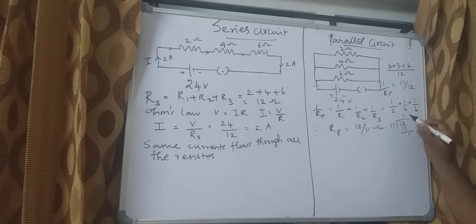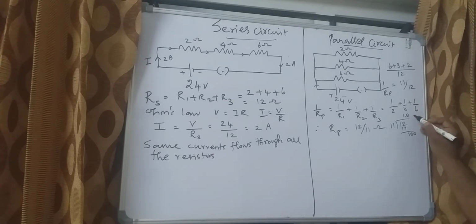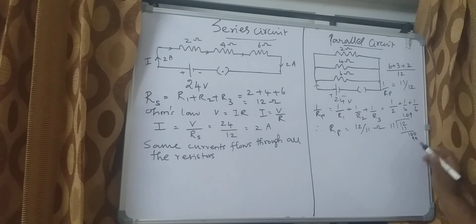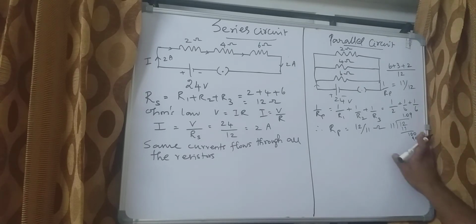So we can keep a point here, and put a 0, again 0. So 11 nines are 99. So an approximate of 1.09 ohm is only flowing here. 1.09 ohm is the effective resistance of this parallel circuit.